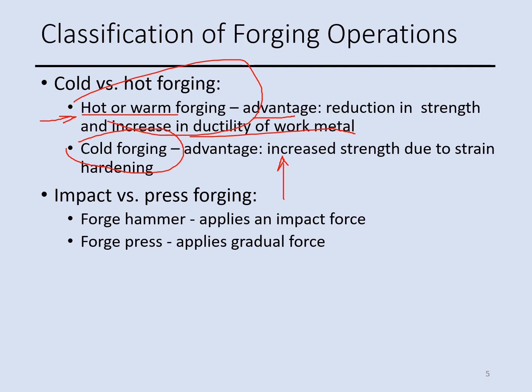The forging operation also can be done with a gradual pressure or impact. If we use impact load, the machine is called forging hammer. But if we use gradual pressure, then the forging machine is called forging press.